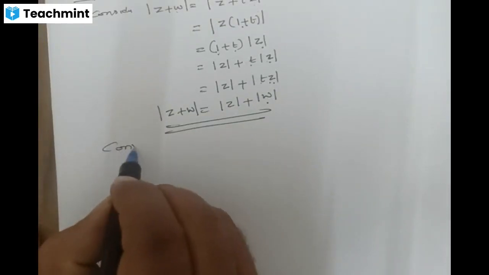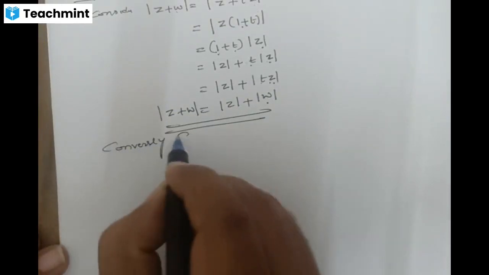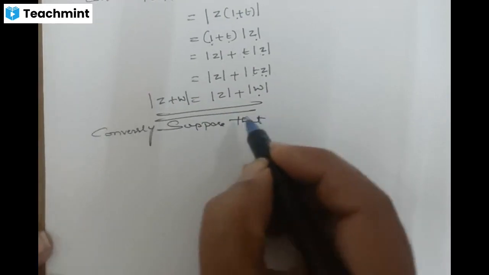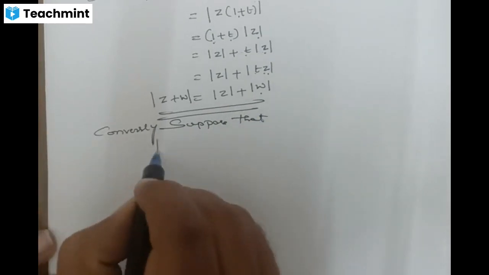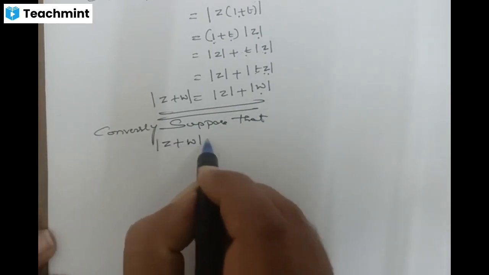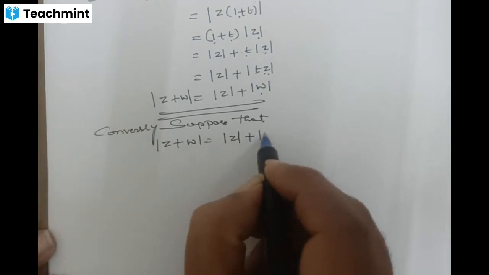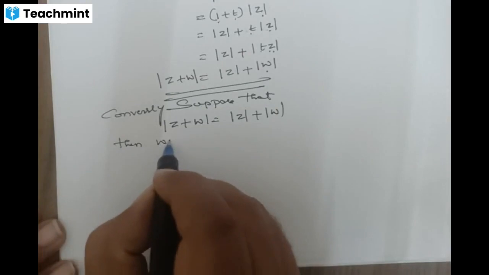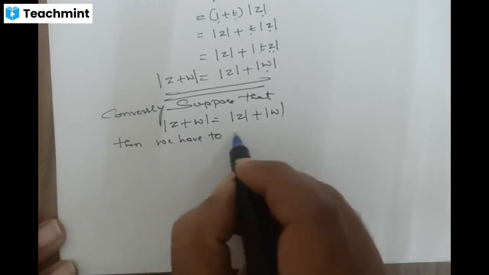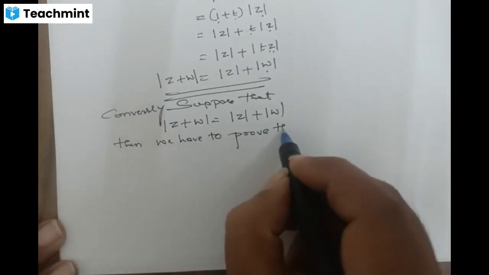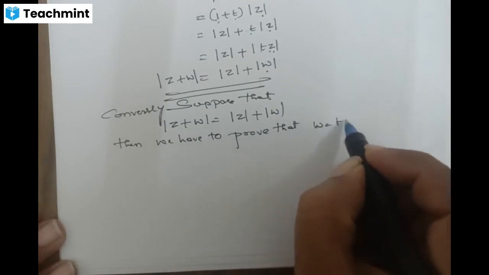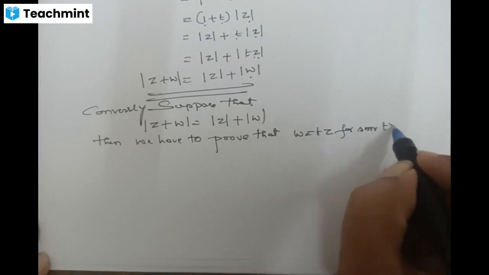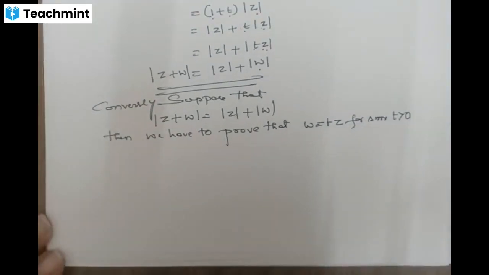Conversely, suppose that mod z plus w is equal to mod z plus mod w. Okay, so then we have to prove that w is equal to tz for some t greater than 0.